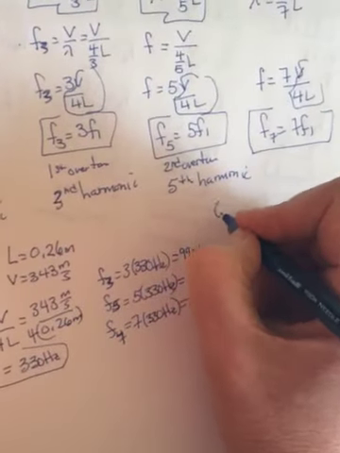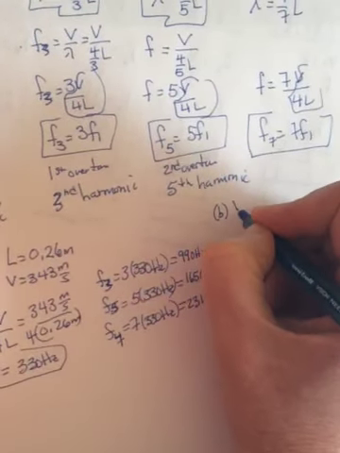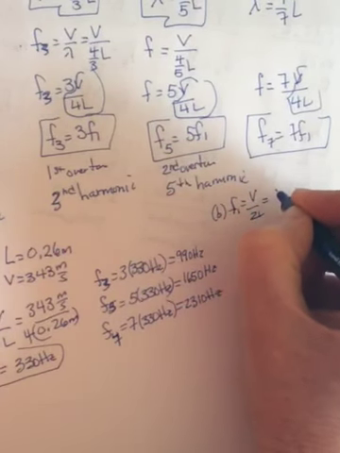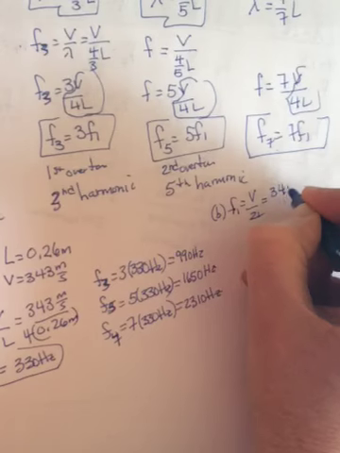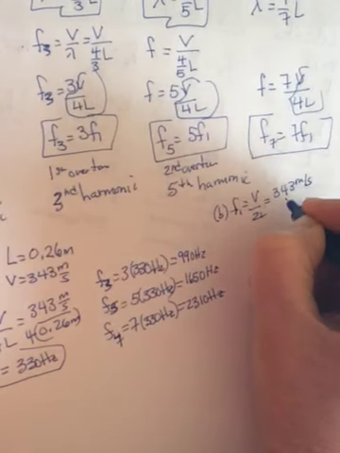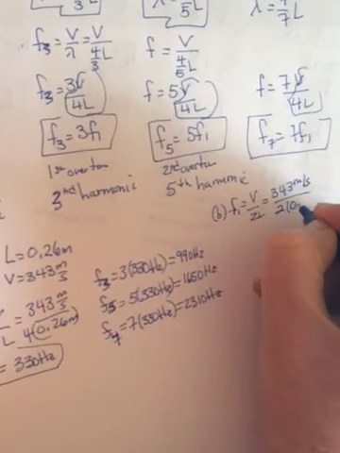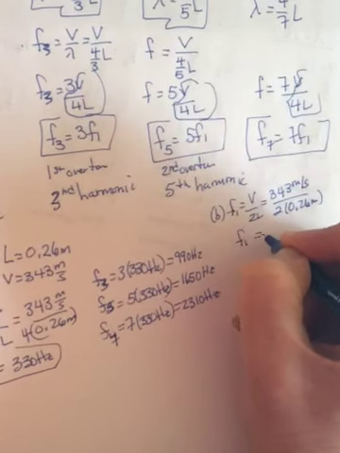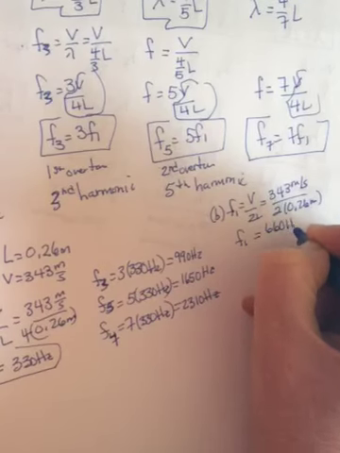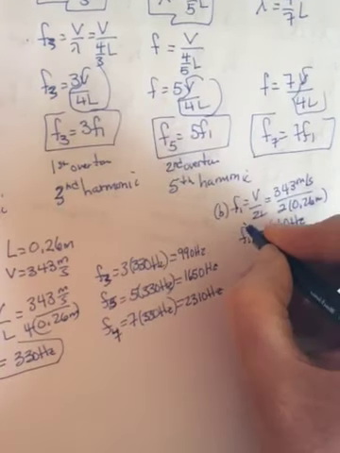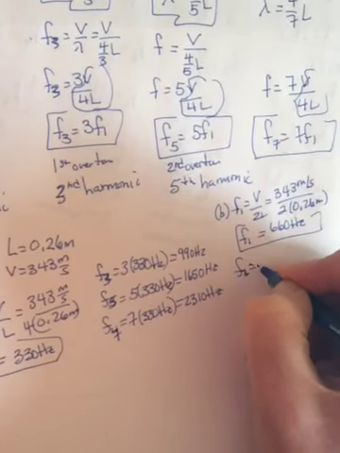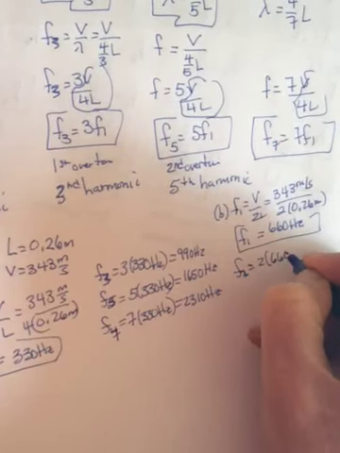Then it says in an open tube. So in an open tube, F1 is equal to V over 2L. So what was it, 343, over 2 times 0.26. And you get an F1 of 660 hertz. And in an open tube, all harmonics are present, so F2 will be 2 times 660.